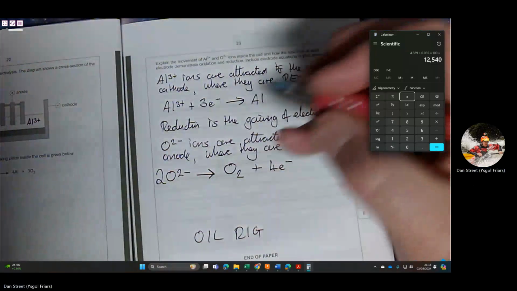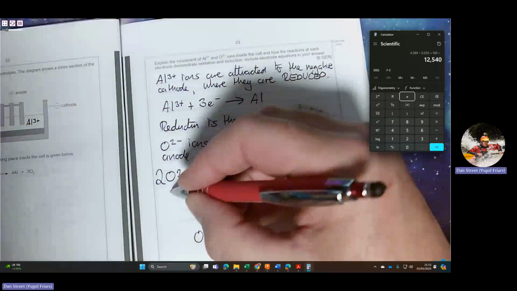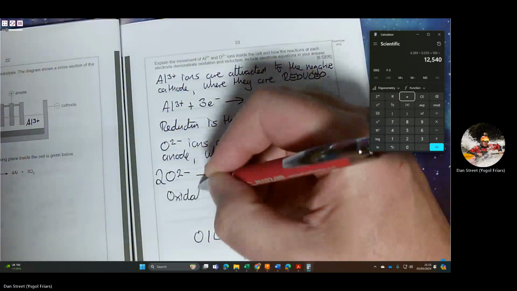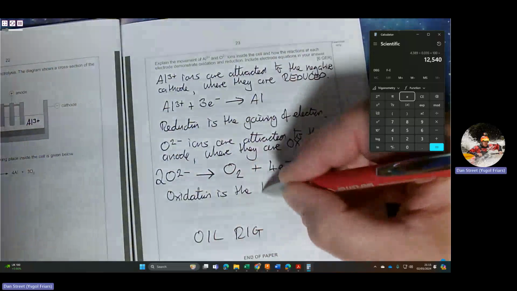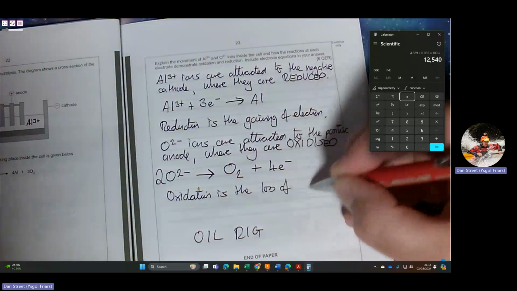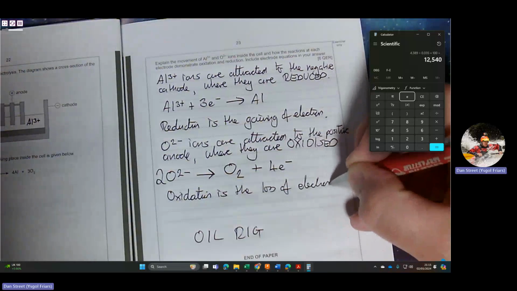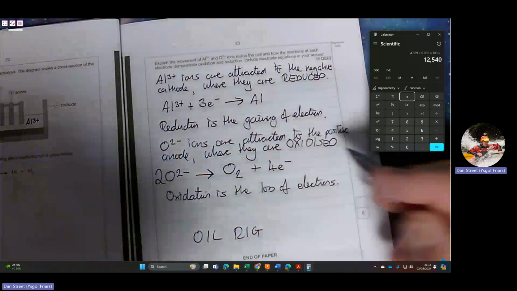So oxidation is the loss of electrons. Now, technically, we've answered the question.